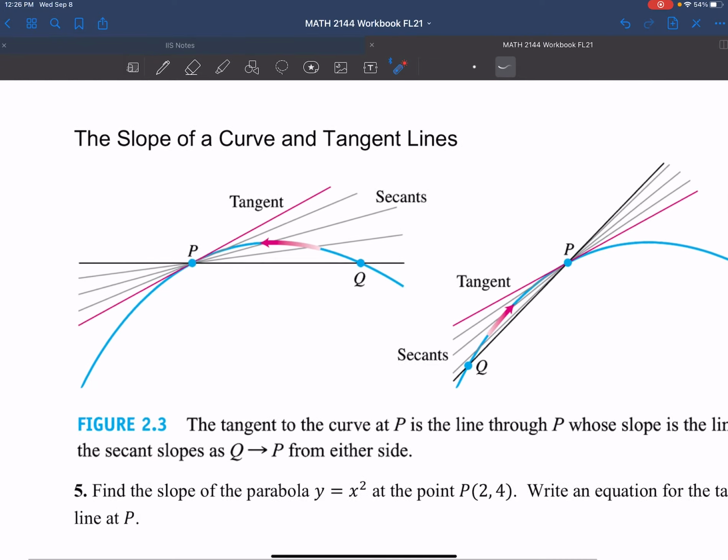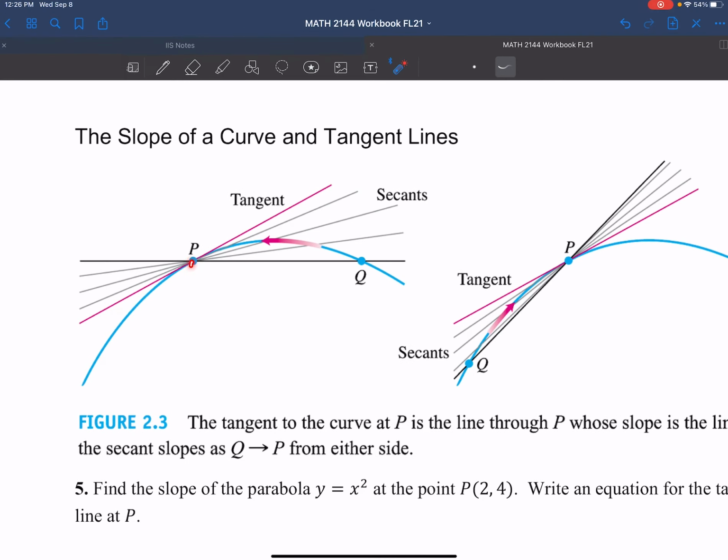You can see right here, we have 2 points, P and Q. And notice that in gray, we have these secant lines, but we essentially are just letting h go to 0 in order to get the tangent line.